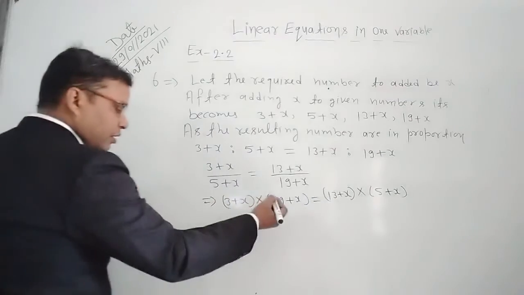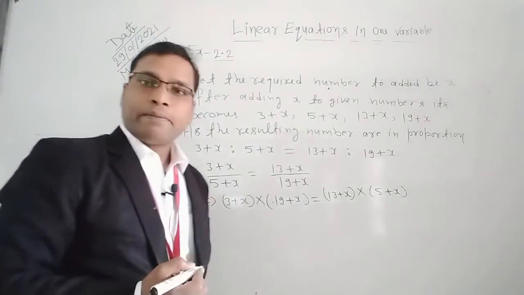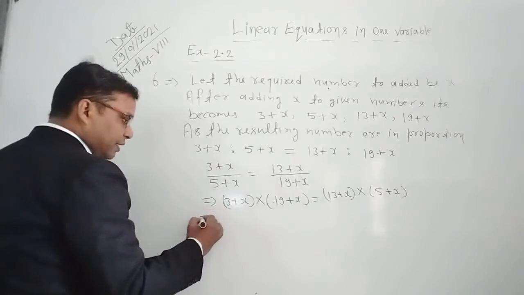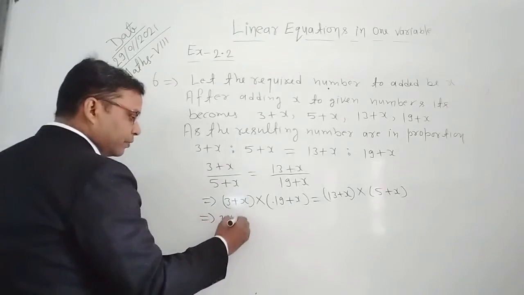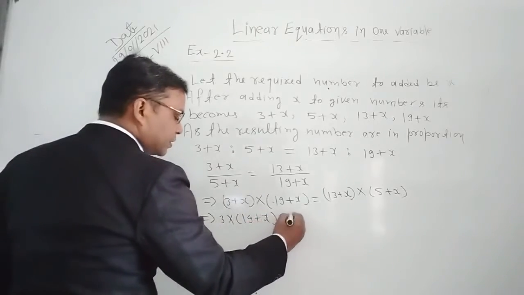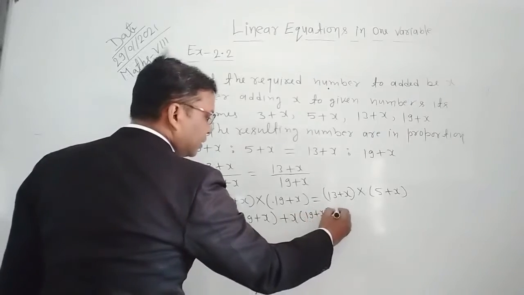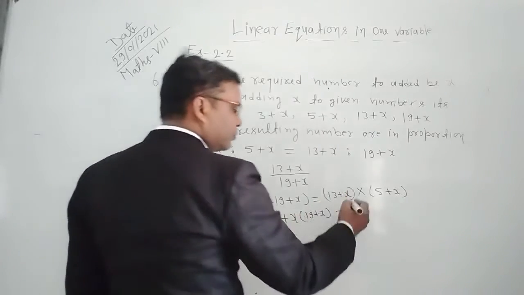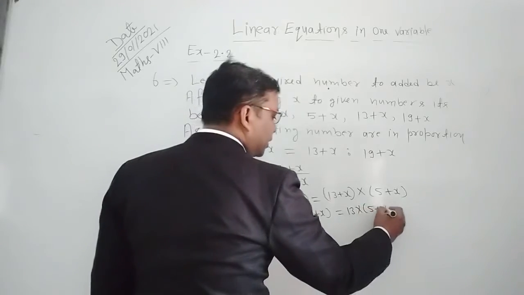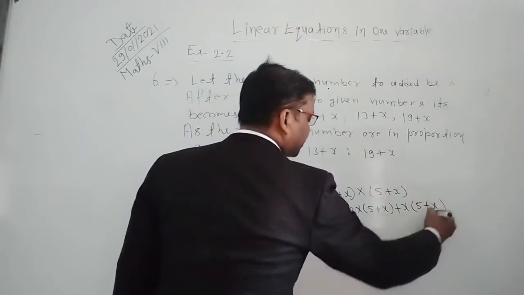Now, I hope all of you know how to multiply binomials. So you can write 3 plus x into 19 plus x is equal to 13 plus x into 5 plus x.